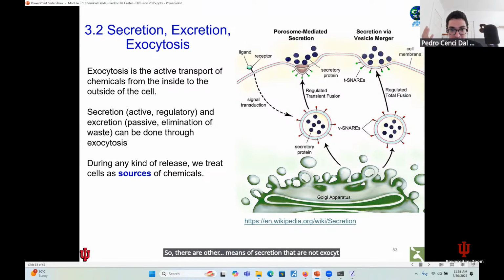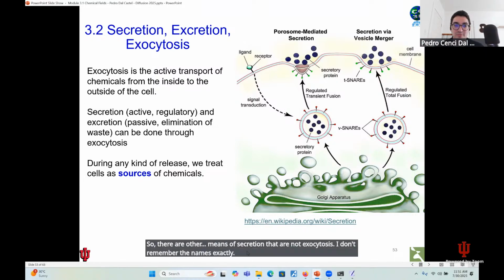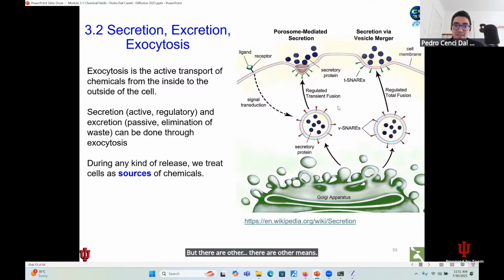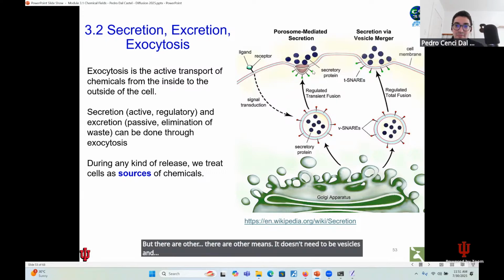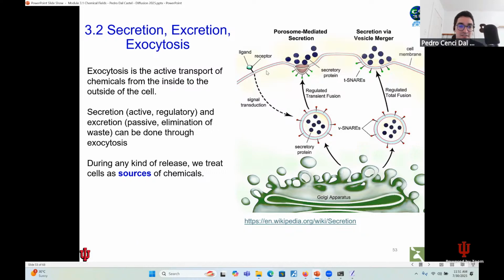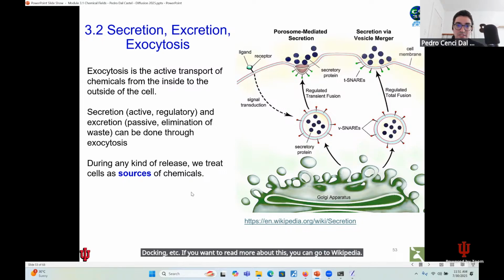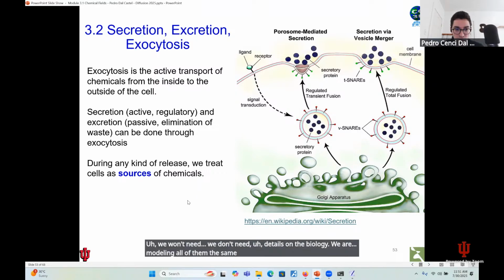I don't remember the names exactly, but there are other means. It doesn't need to be vesicles and docking, etc. If you want to read more about this, you can go to Wikipedia. We don't need details on the biology. We are modeling all of them the same way, which is source.